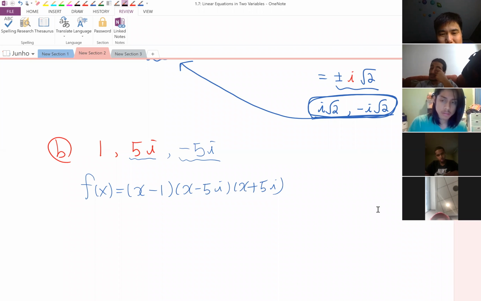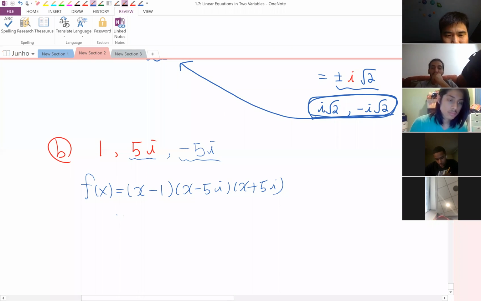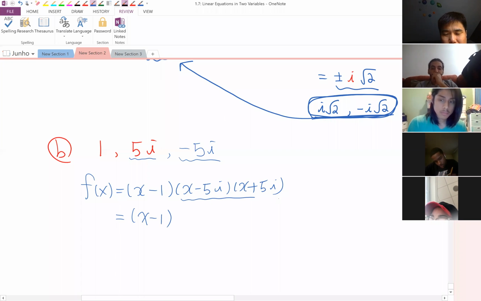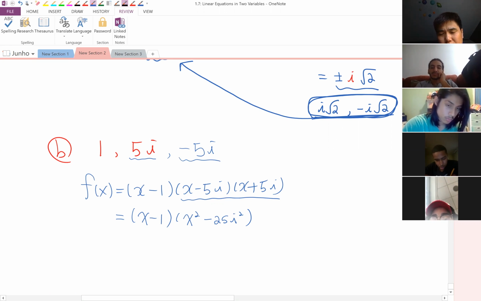Therefore, now expand it for me. Then what do you get? So this becomes x minus 1, I'm going to keep it. You simplify this to a binomial, then it becomes x squared minus 25 i squared, right? Yeah, it would be positive. You know how we got from here to here?